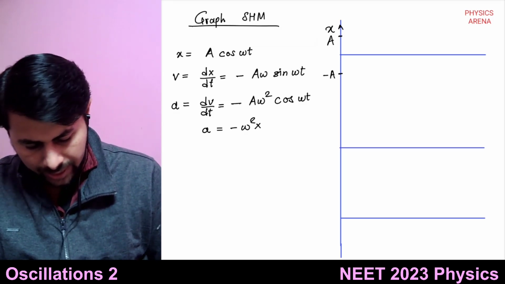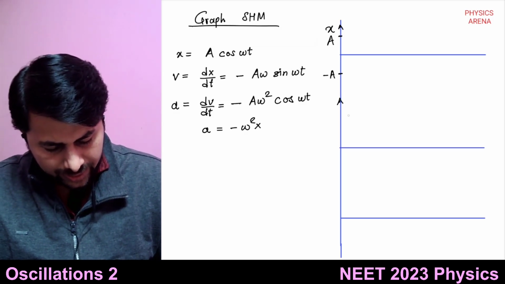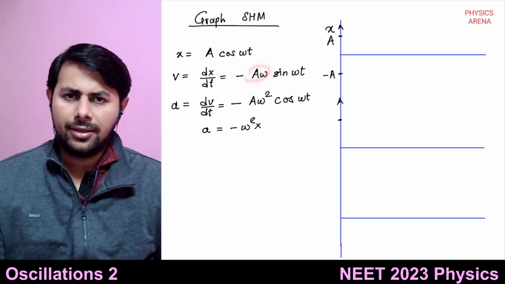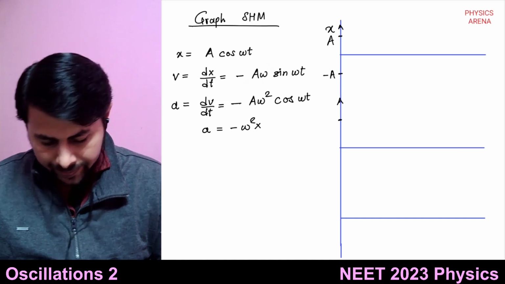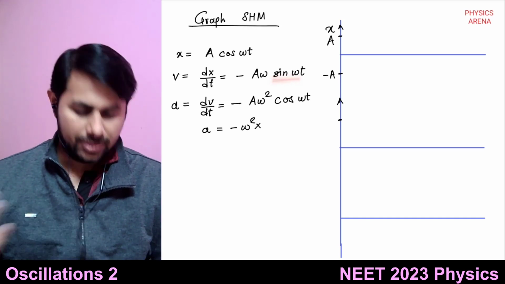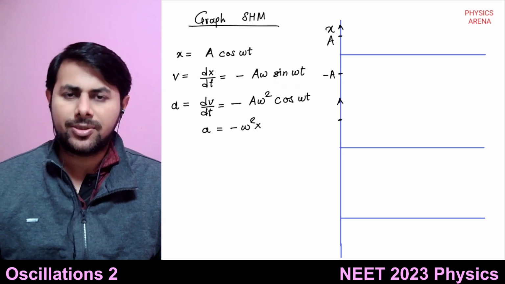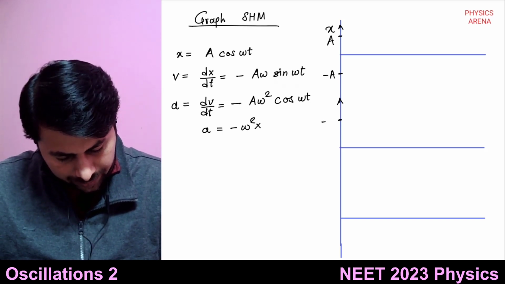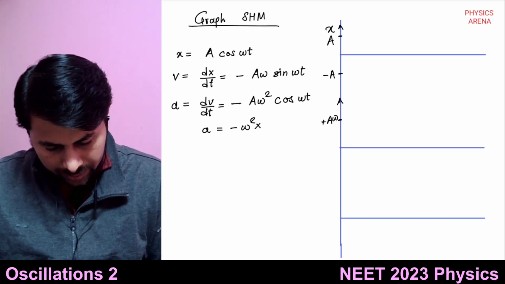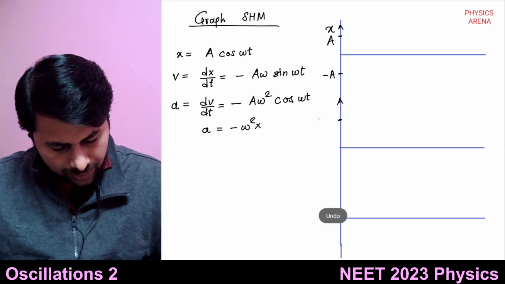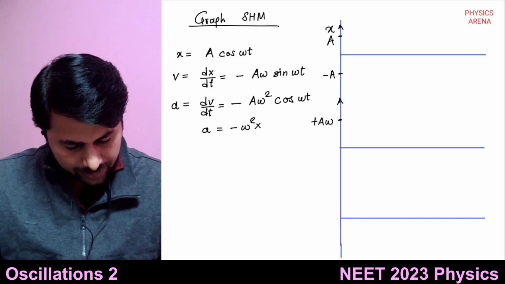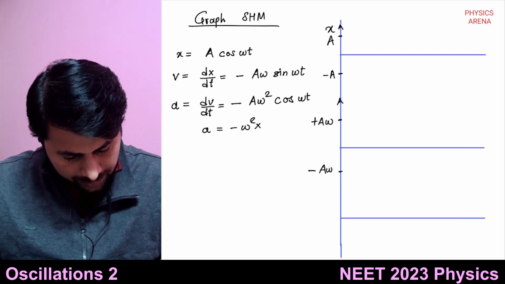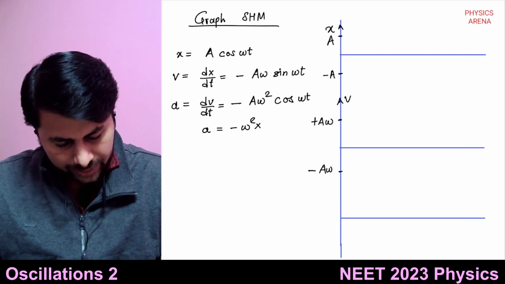Then what are the extreme values for velocity? It is plus a omega and minus a omega, because the maximum value of sine is 1.